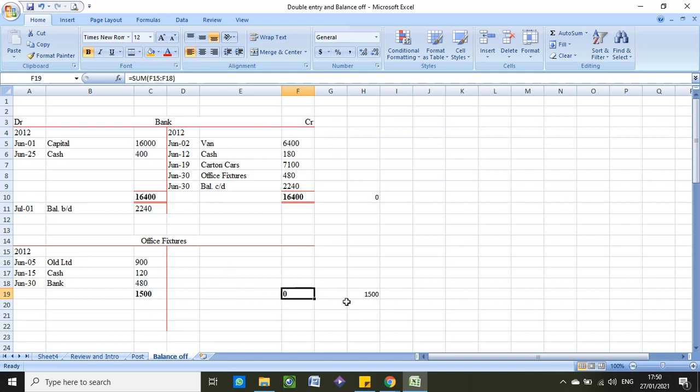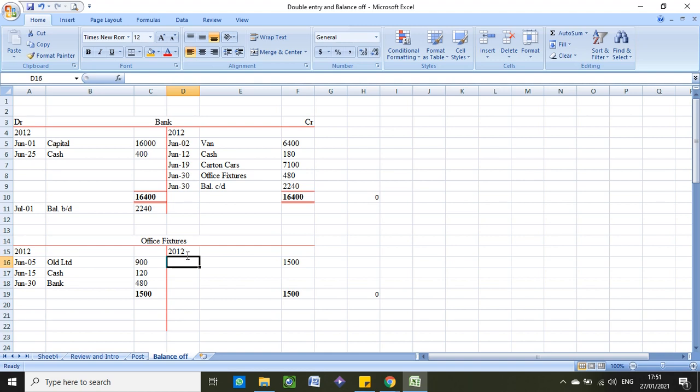So I will insert this difference on the smallest total, similar to what I did on the previous account, and I will insert that here, 1,500. The year is 2012. This will be known as the balance carried down, so I need to use the last day of the month. Which month are we talking about?